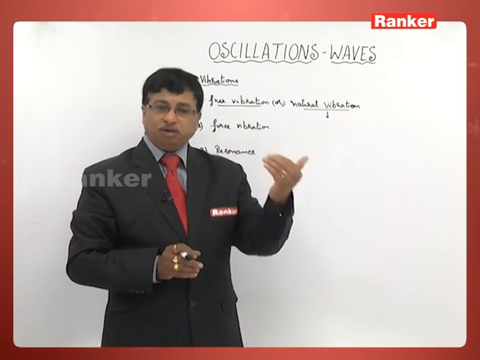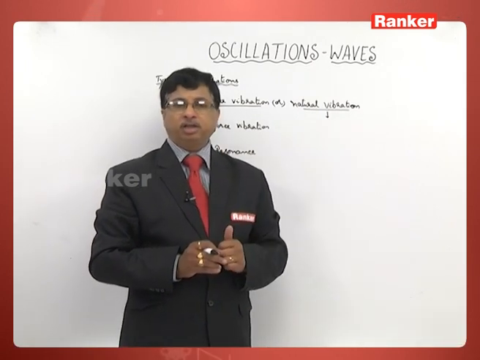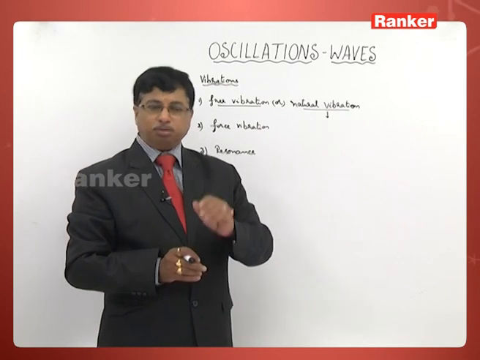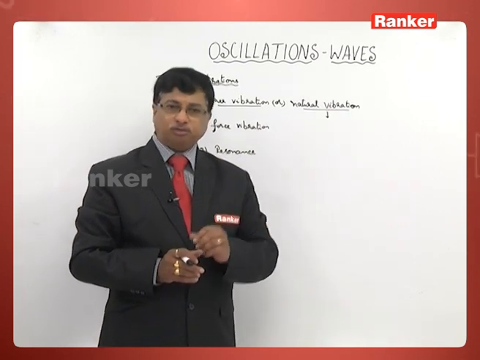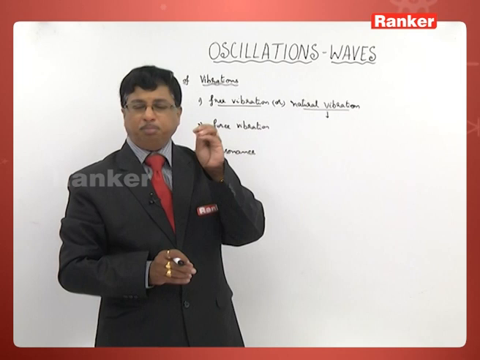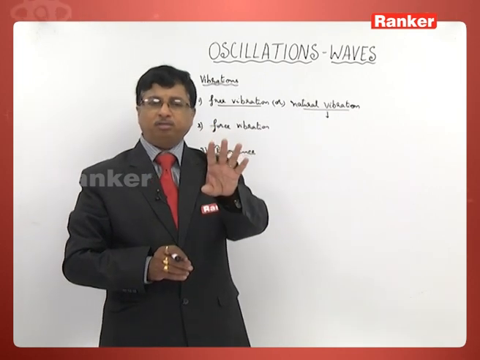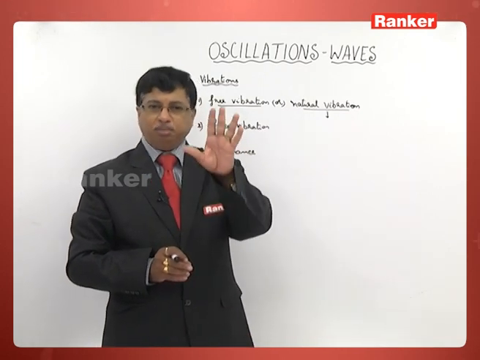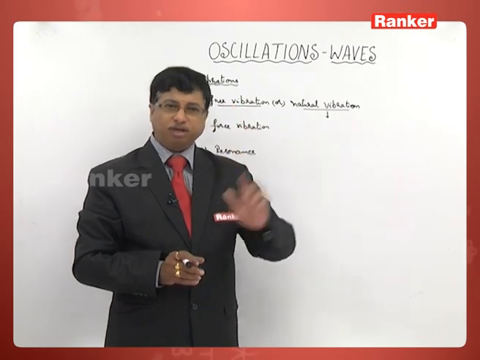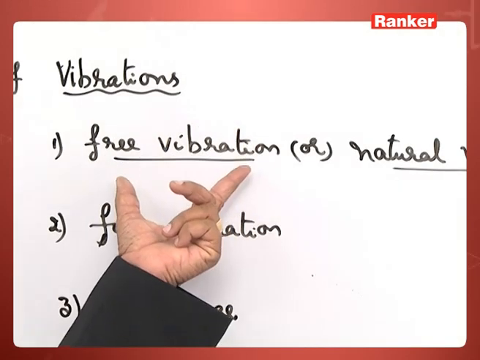That means whatever is the force we are applying on that body is immaterial. Whether more force you are applying or lesser force you are applying, ultimately its vibrating capability is 512 hertz only, and it vibrates with its natural frequency only. That is what we call it as free vibration.